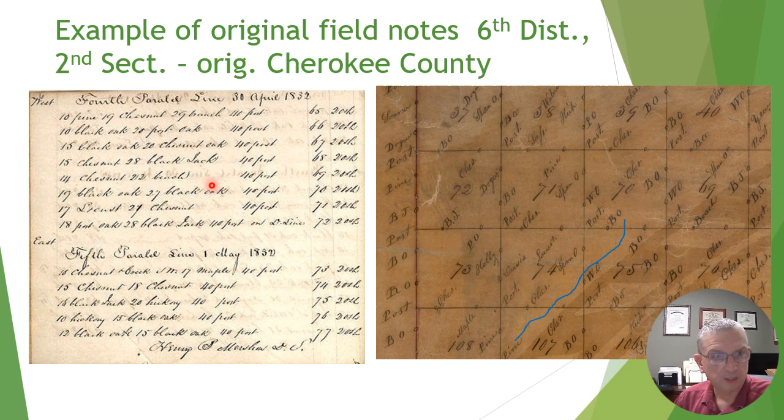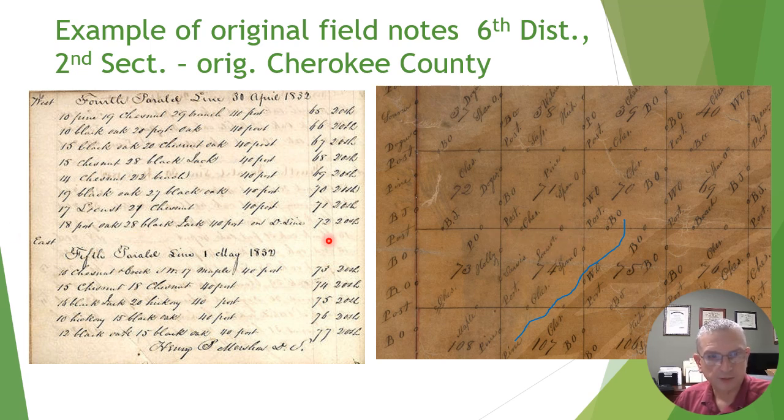Then going across the bottom of 70, 19 chains to a black oak, 27 chains to a black oak, 40 chains to a post. So across the bottom of 70, here's a black oak, and a post. Across the bottom of 71, 17 chains to a locust tree, 21 chains to a chestnut tree, 40 chains to a post. So coming across the bottom of 71: locust, chestnut, and then post.